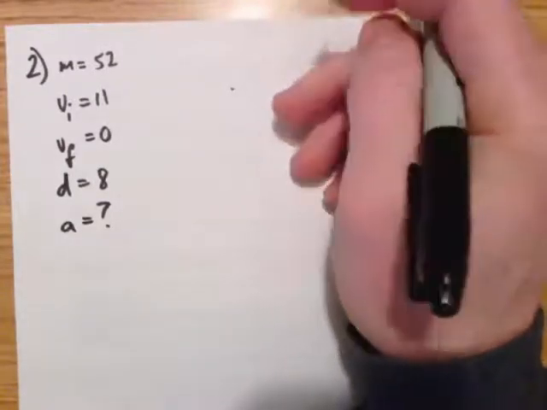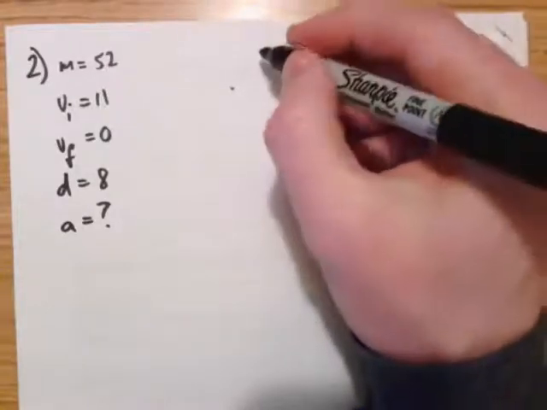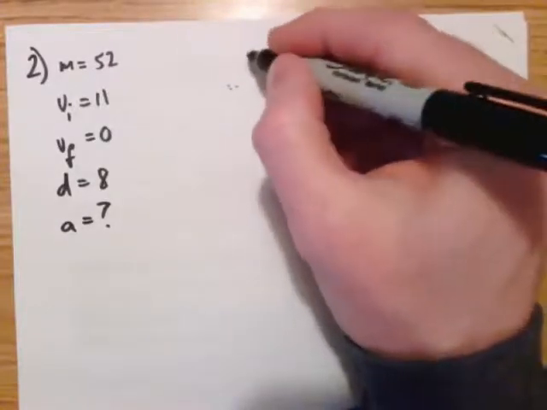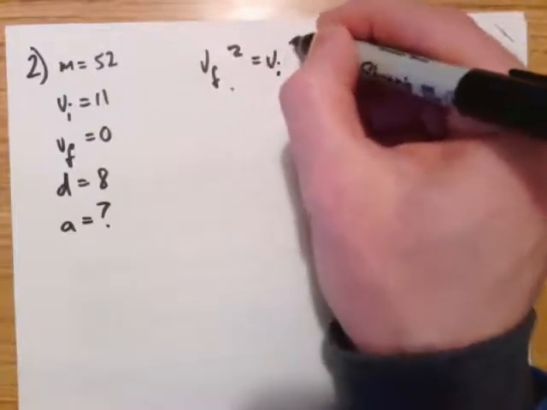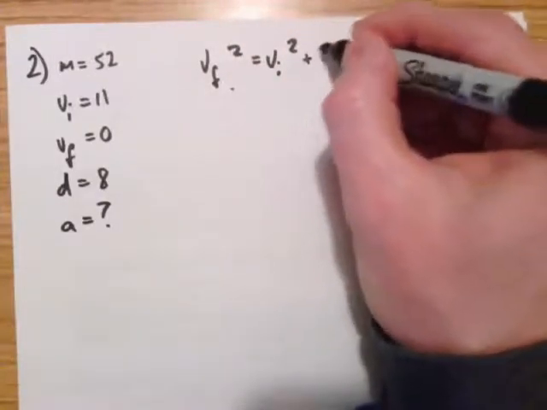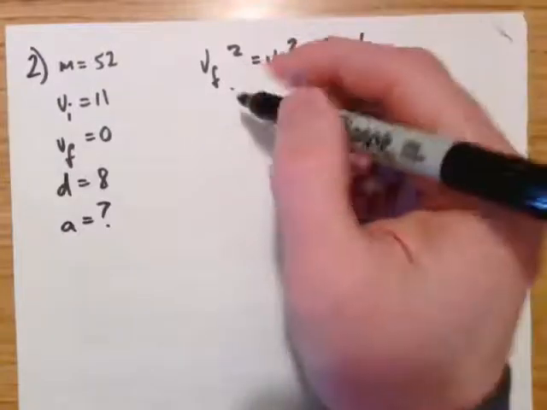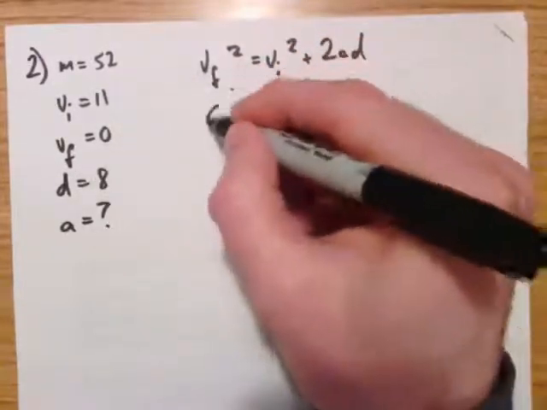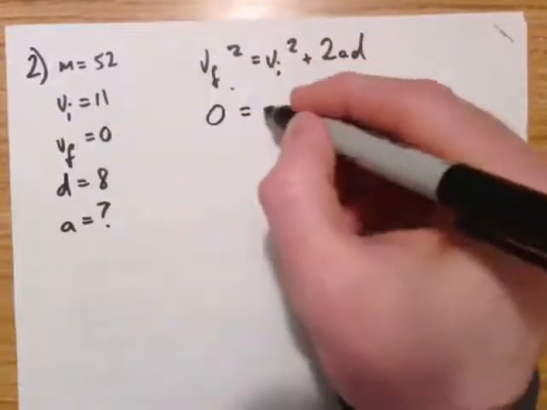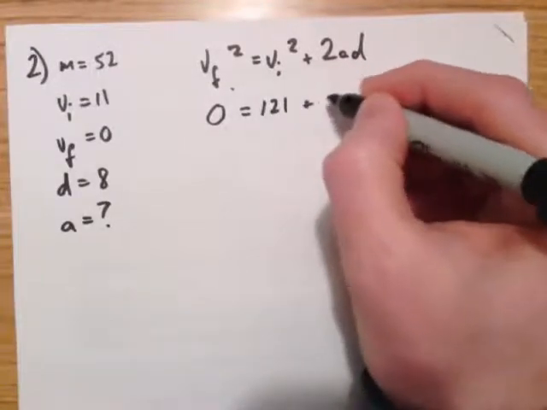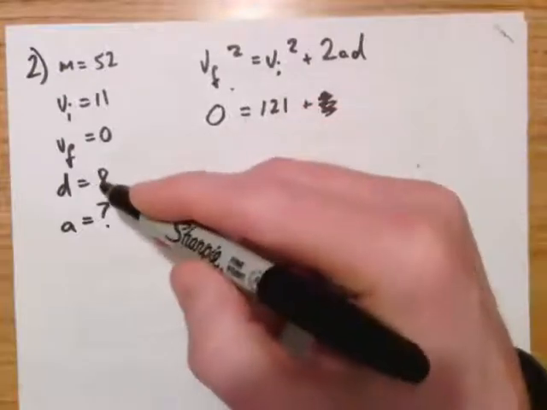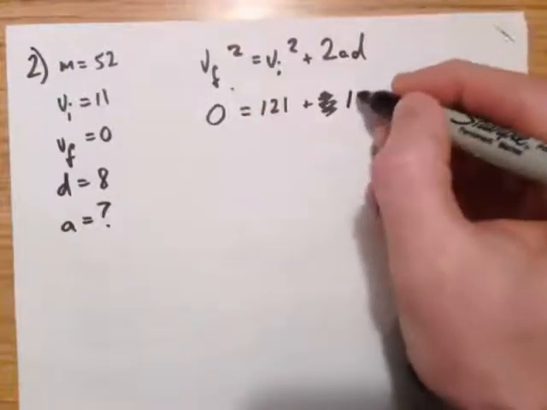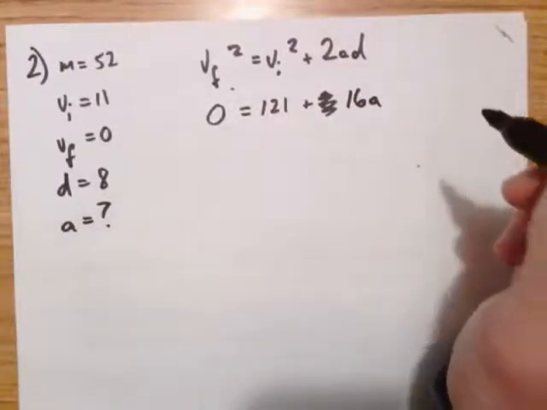What was the formula? Without time, Vf squared equals Vi squared plus 2AD. Vf is 0. Vi is 11. 11 squared is 121 plus 2 times A times 8, 2 times 8 is 16, so plus 16A.